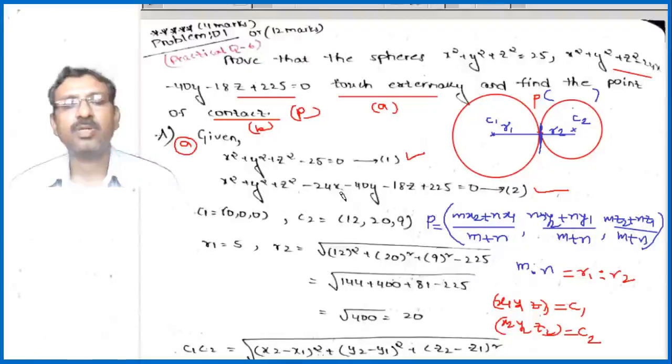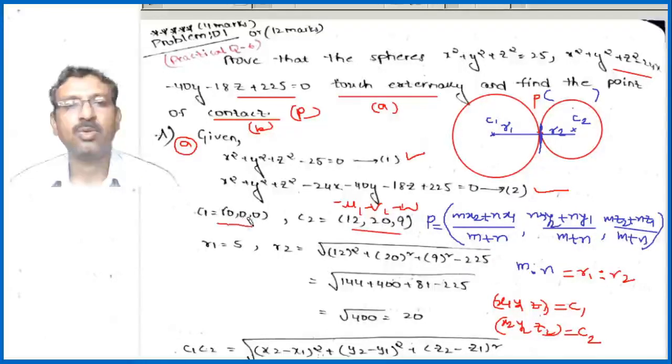For the second sphere, using minus u, minus v, minus w: 2u equal to minus 24, u equal to minus 12, so minus u equal to plus 12. Similarly, minus v equal to 20, minus w equal to 9. So these are the two centers.